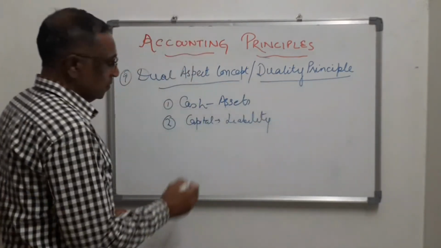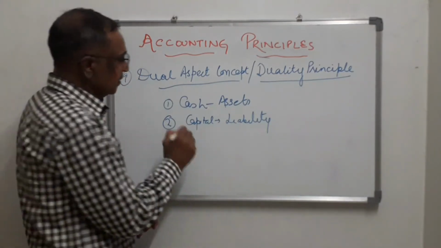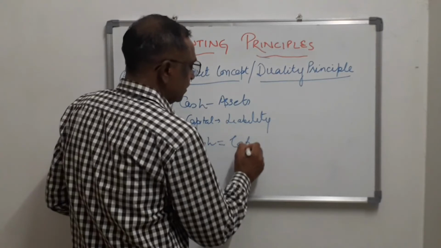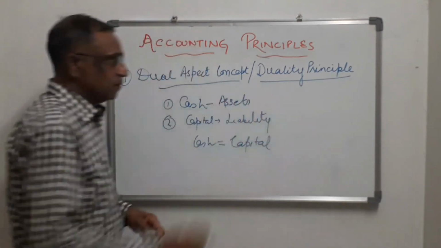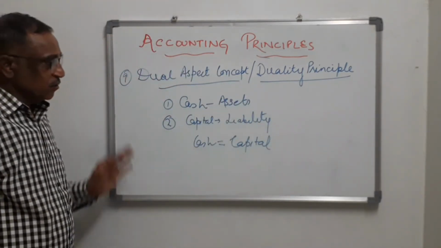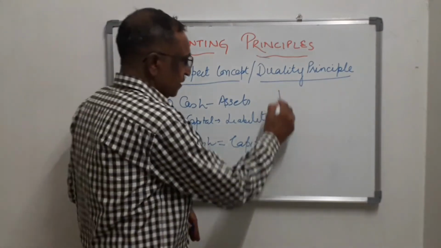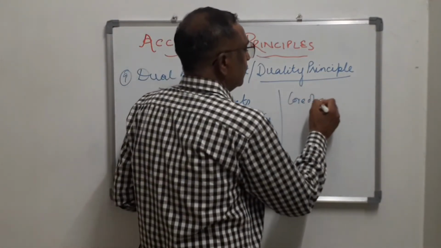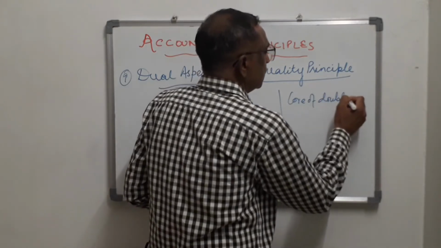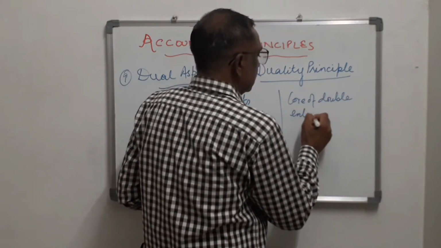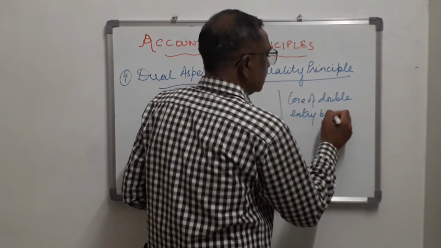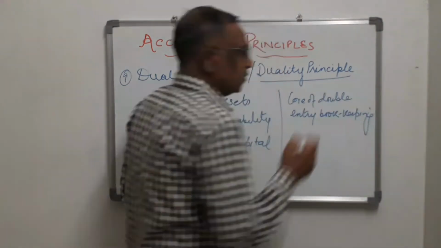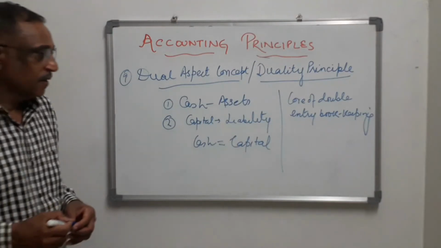So cash will be equal to capital. Okay, so we can sum up: it is the core of double entry bookkeeping. Okay, clear?